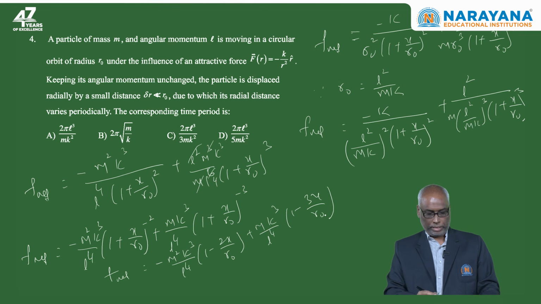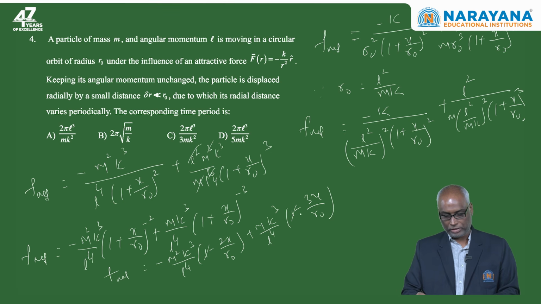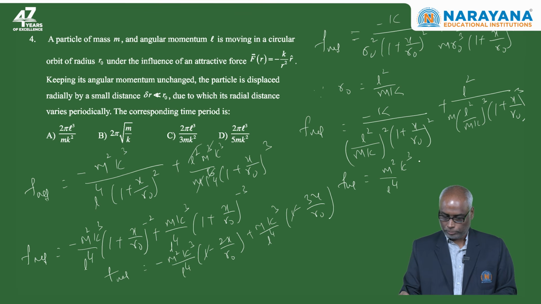So, m square k cube divided by L power 4, if I take common, this minus 1 and this plus 1 will get cancelled, and here we are having plus 2x and we have minus x. So, we are going to get net force equals m square k cube divided by L power 4 into x divided by R naught.